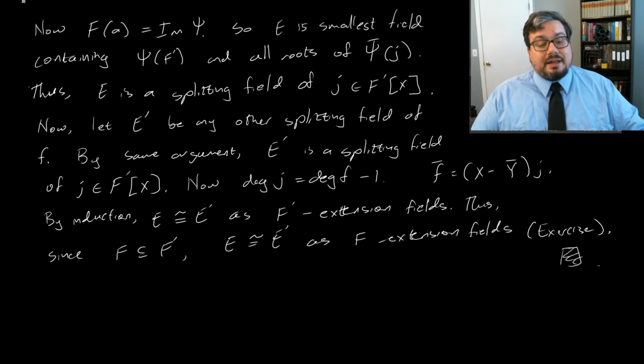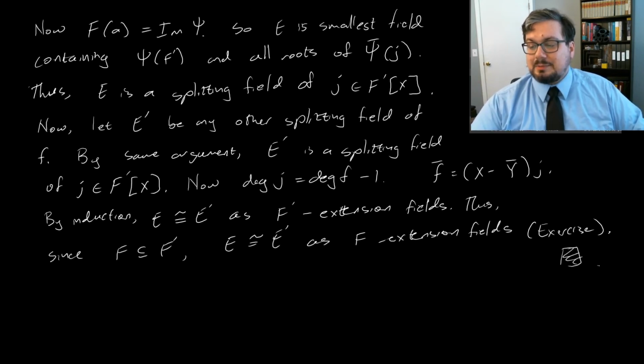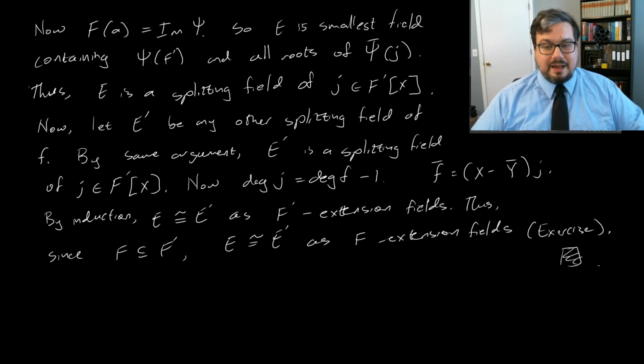And therefore, we can use induction to move things down. So all splitting fields of a polynomial over a given field are isomorphic, which means that we can talk about the splitting field of a polynomial f.